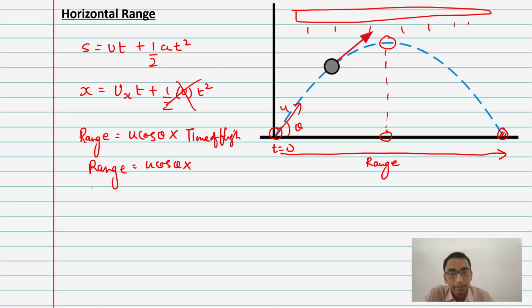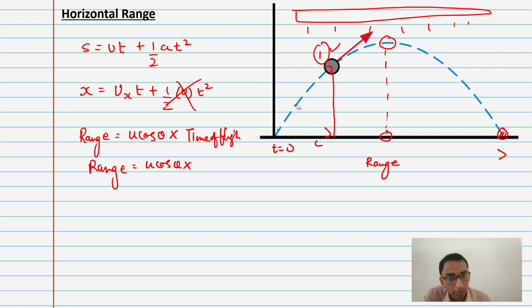Why the time of flight? Listen to me once again. See, if the ball is at location number 1 here, correct? Then this is the displacement, and this is the value of x, correct? Now if I change the location of the ball, suppose this was the ball's position at time t equal to 0, and now if I take location number 2 as the location of the ball, this is the displacement vector and its x component, this is the range.